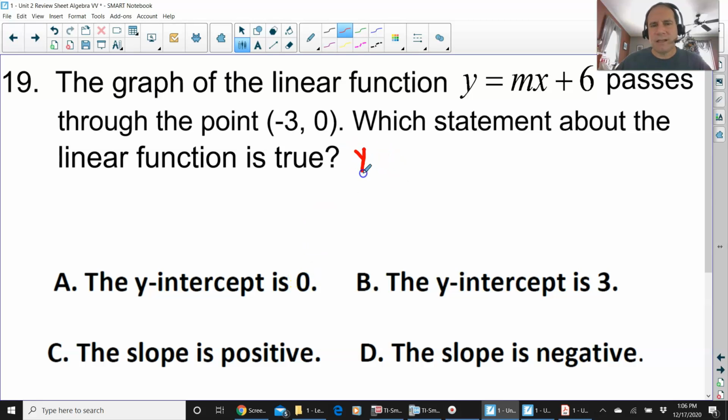So let me just write this down again. y equals mx, so we don't know the slope, plus 6. Well, I know that the y-intercept is 6. Y-intercept is 0? No, it's not. Y-intercept is 3? No, it's not. Slope is positive, slope is negative. You know the best way to do this? Sketch. All right, let's go ahead and sketch. So I am going to sketch this line.